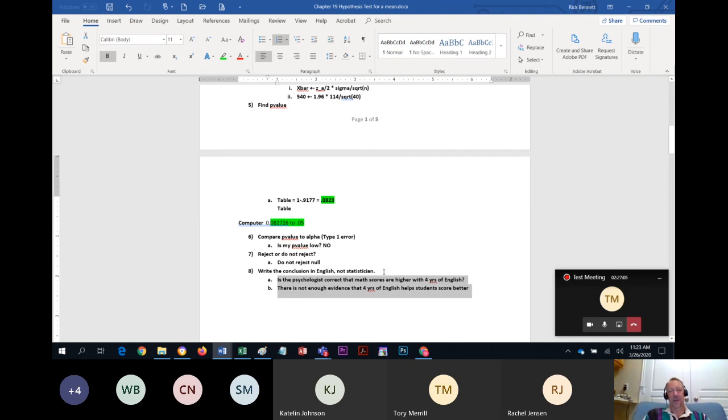The conclusion is hard because you're having to take these numbers and compare them and then say, is there evidence or is there not enough evidence? Typically when you're writing your conclusion, you don't want to say, no, the psychologist is completely wrong, because that's a little bit too strong. You're going to say that there is evidence or there is not enough evidence of the psychologist's beliefs.